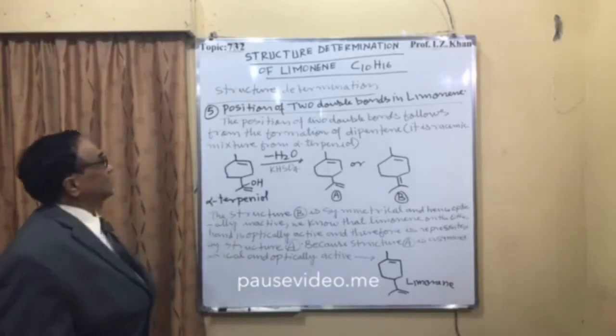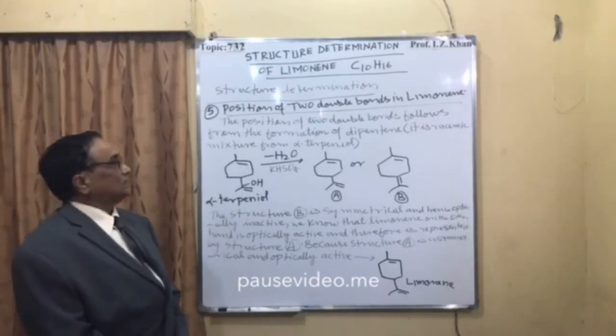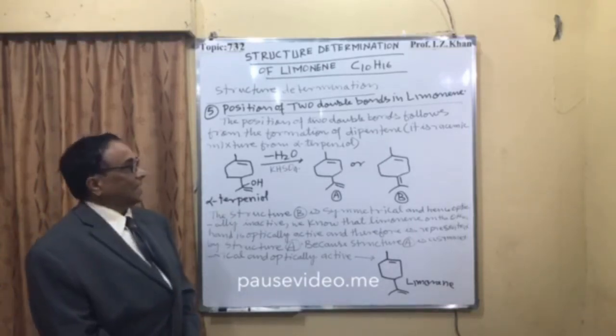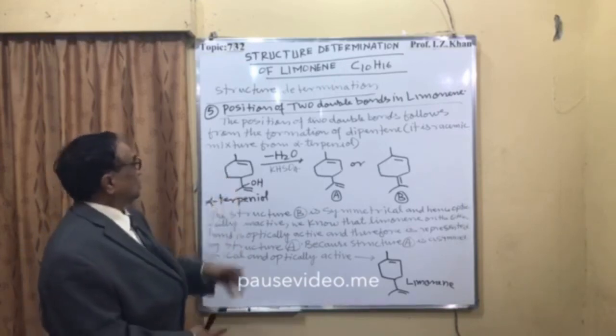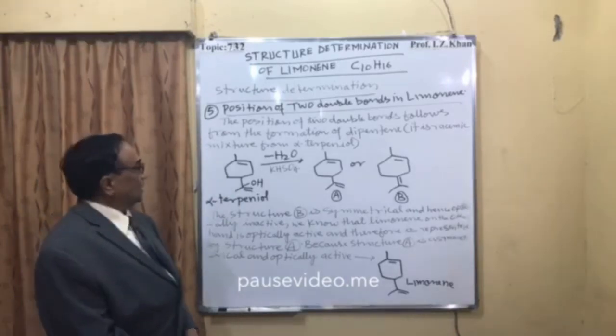The position of the 2 double bonds in limonene follows from the formation of dipentene, which is a racemic mixture, from alpha terpineol. Dipentene has 2 double bonds.